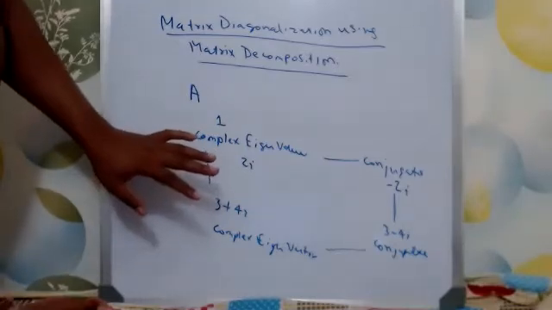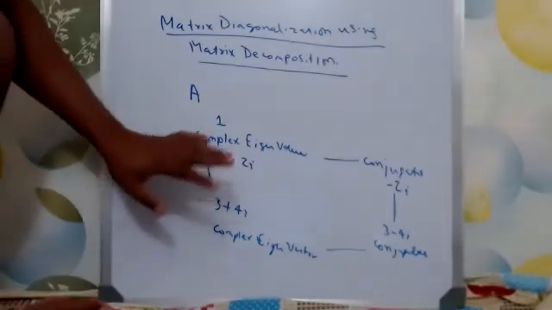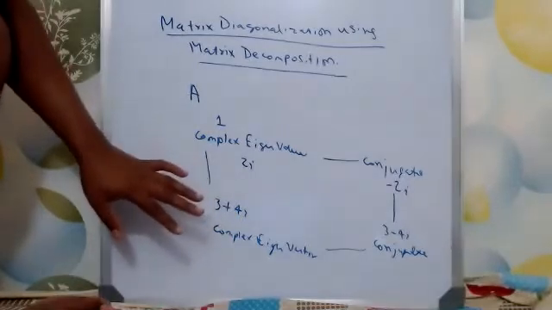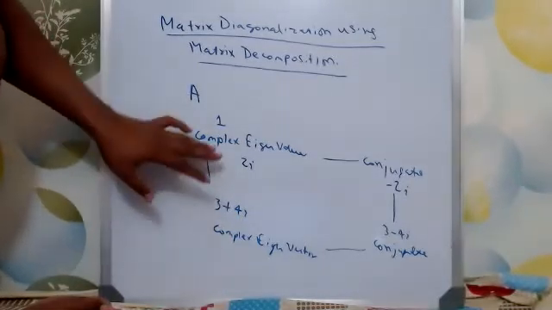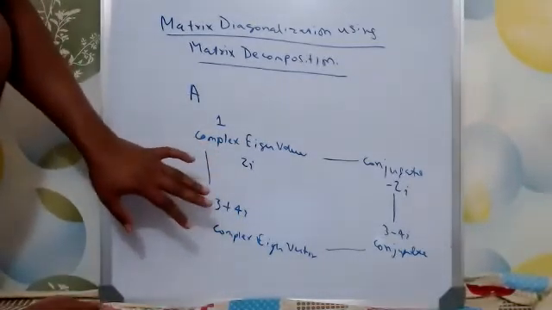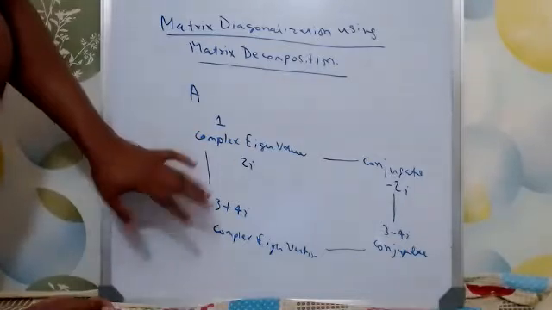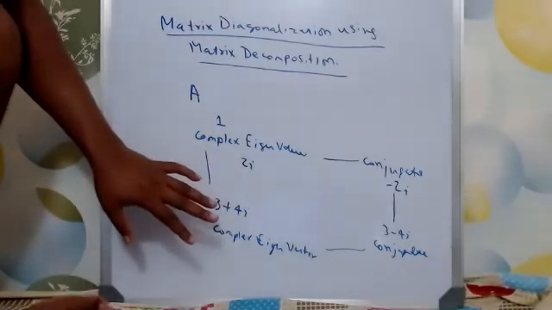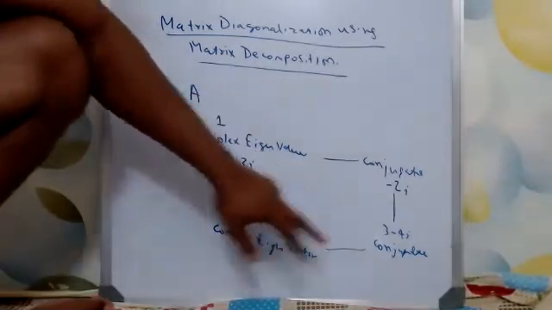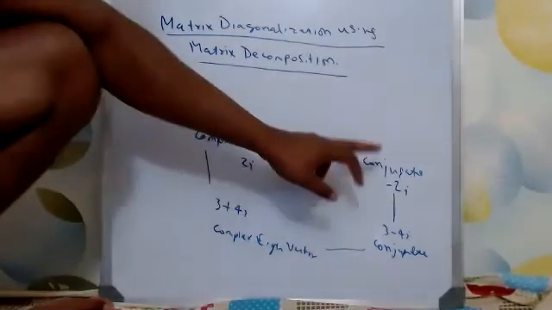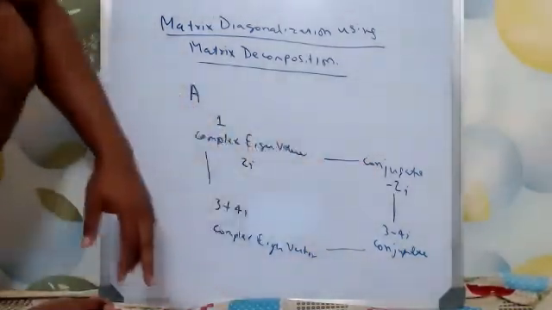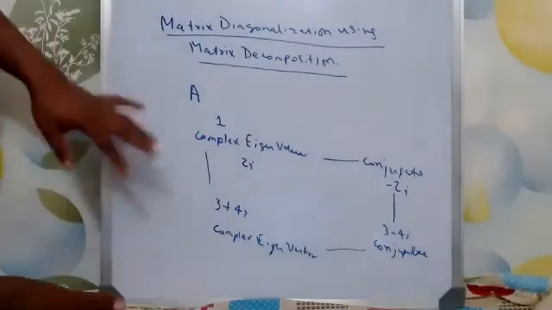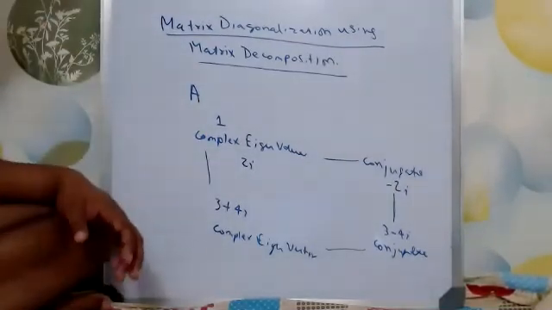Then the complex eigenvalue's conjugate is also a valid eigenvalue for A, and the conjugate of the complex eigenvector is also a valid eigenvector for A. The conjugate of the vector and the conjugate of the value are both the eigenpair for A. Okay, so this is a thing that you have to remember.